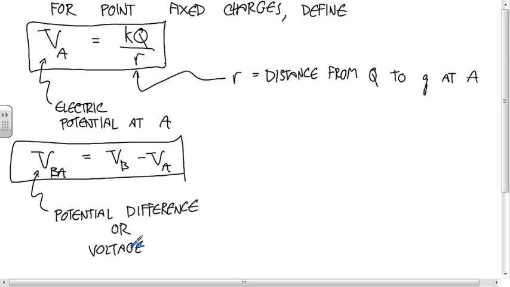Okay, so that's what voltage is. Voltage tells you something about the potential energy that an object gains or loses moving over some distance, moving from here to there.